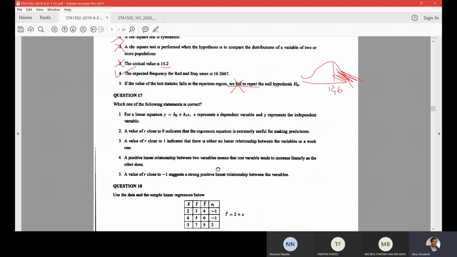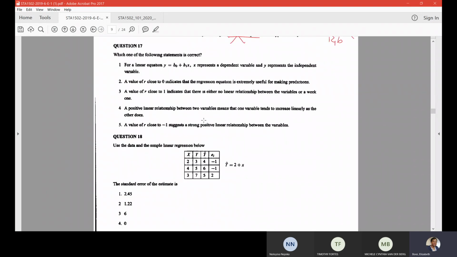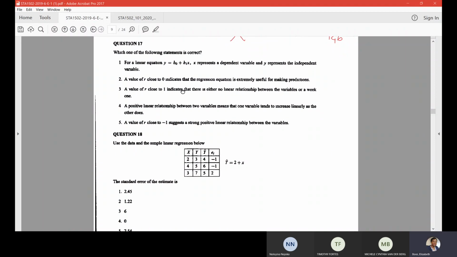Okay, question 16. Question 16 is linear regression.